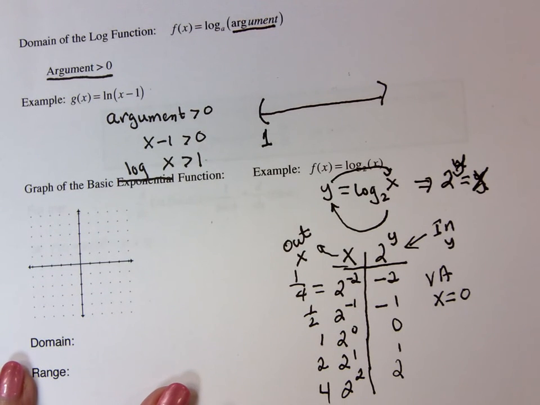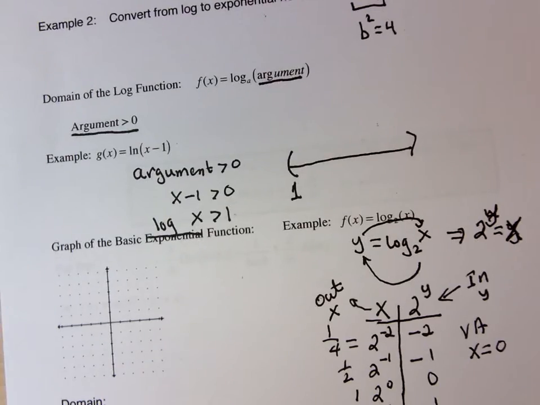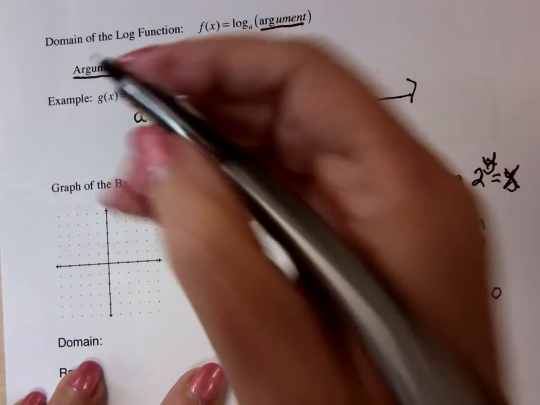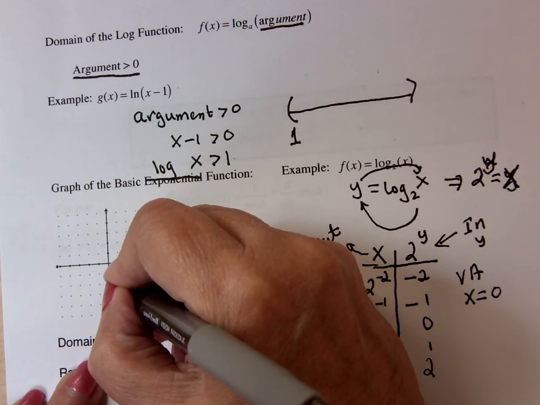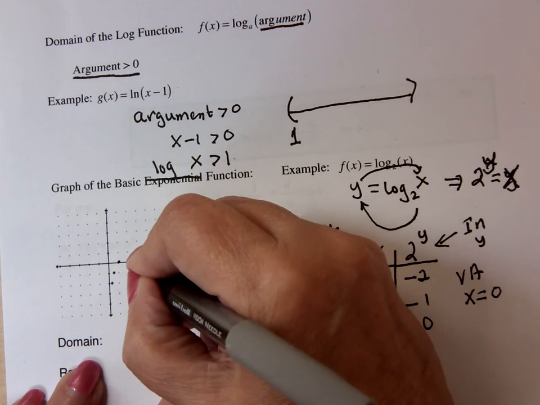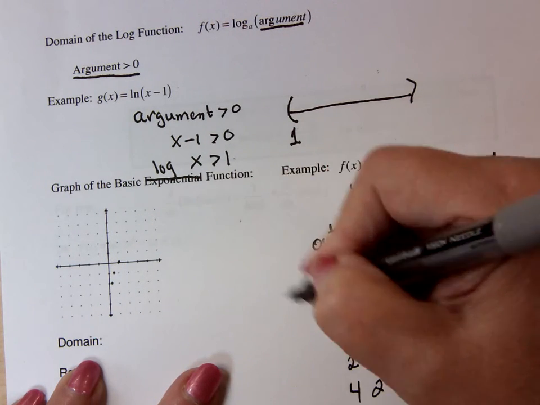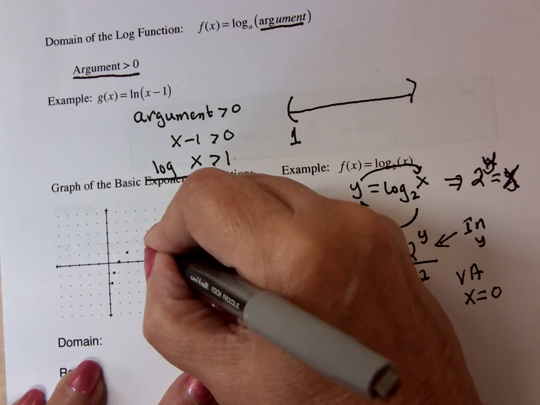Unless you have a translational shift, this guy has a VA at x equals 1, because he starts at 1. That's a shift to the right by 1 unit, if you think about college algebra translations. So here we go. At 1/4, it is -2, 1/2, -1, 1, 0, 2, 1, 4, 2.